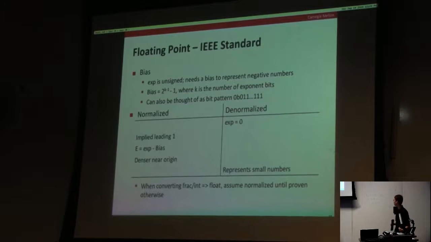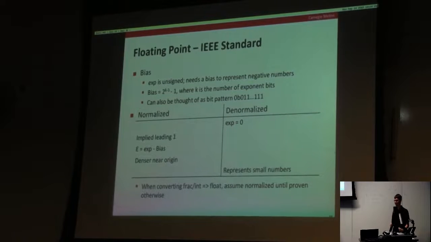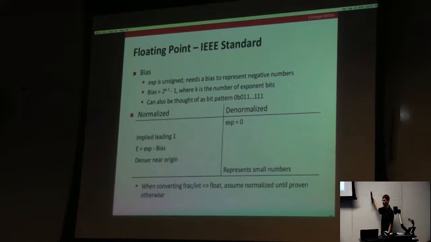There's one that's actually really important. So notice what we have here with m. It's 1 point whatever's in here. So that means there's always a 1 somewhere in our number. What does that mean about the numbers that we would be able to represent if we only had this? Yeah, we don't have 0. And 0 is kind of an important number that we want, right? 0 is a great number to have.